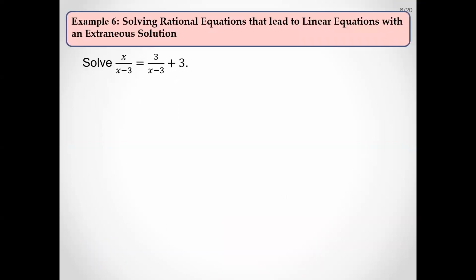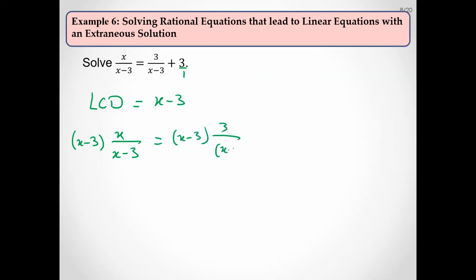Another example. So here the denominators are x minus 3 and 1. So the LCD of the denominators, least common denominator, is x minus 3. So I multiply the whole equation by x minus 3, all terms, x minus 3 times 3 over x minus 3 plus x minus 3 times 3.